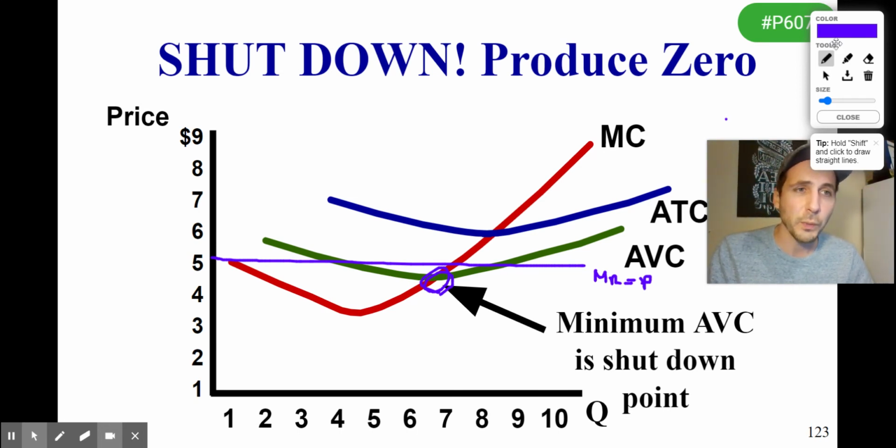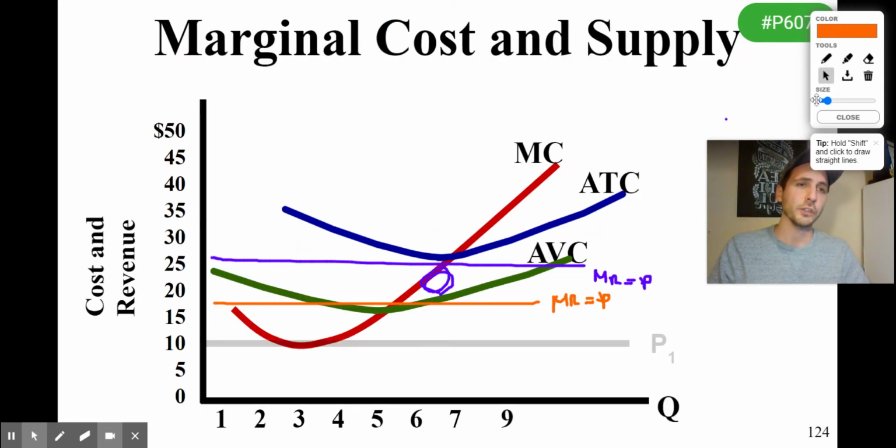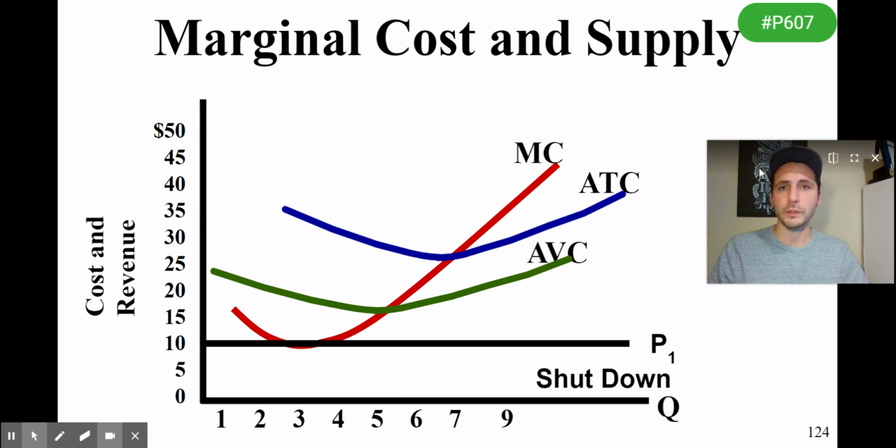It's only when I fall below that minimum point at that intersection, so when I fall down here, for example, that is when I'm actually going to shut it down. Okay? When price is below average variable cost, losses are going to be greater than fixed costs, so shut it down and just pay your fixed costs.